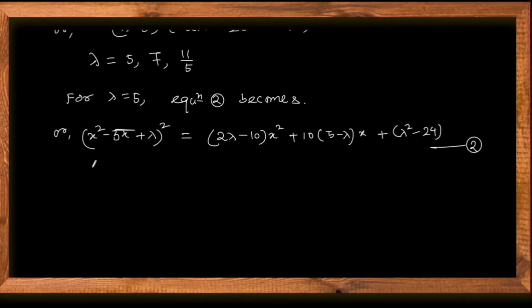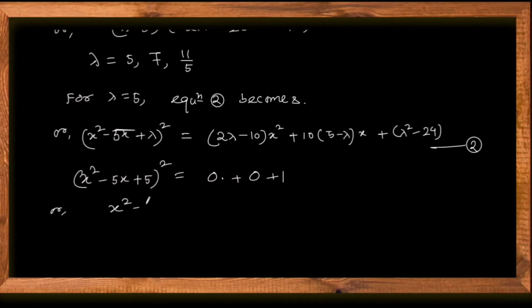Now if we put lambda equals 5 in this equation, we will get (x square minus 5x plus 5) whole square equals 1, since the x square and x terms both become 0.